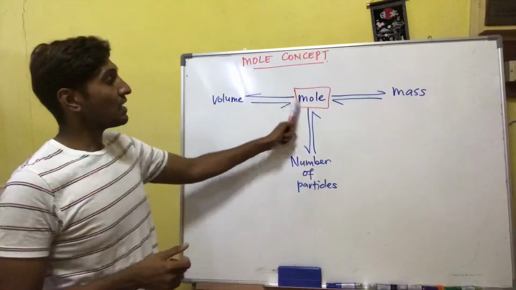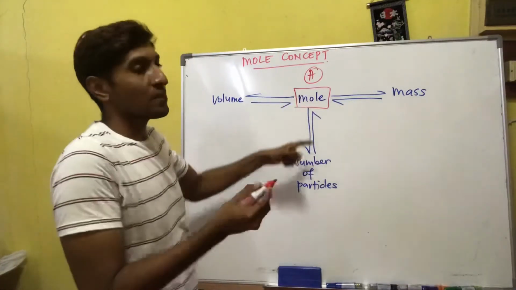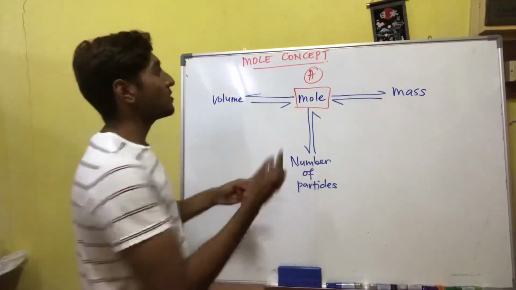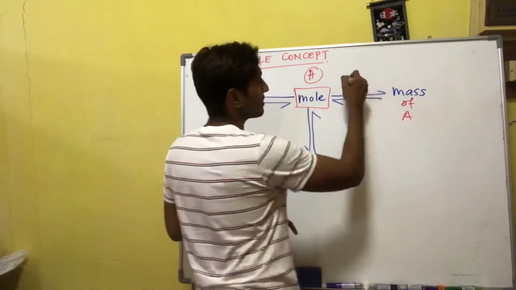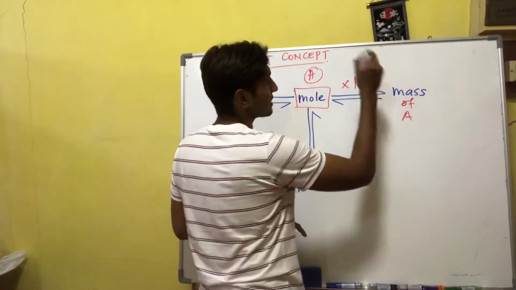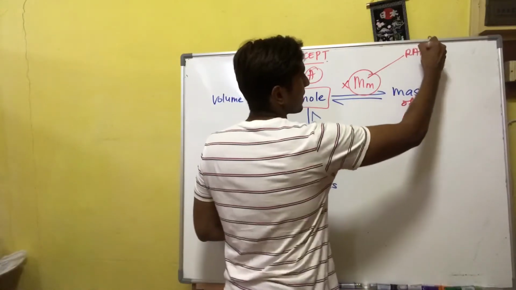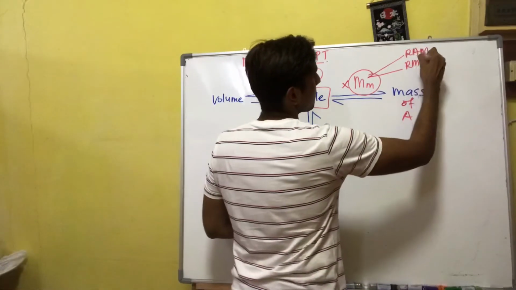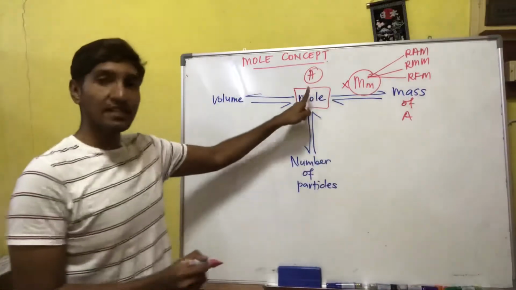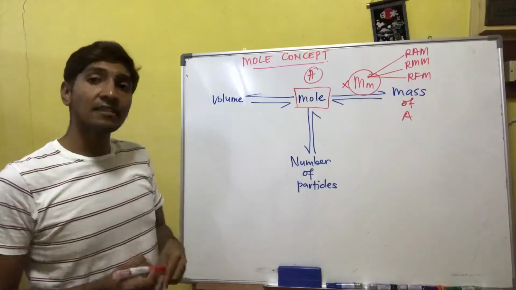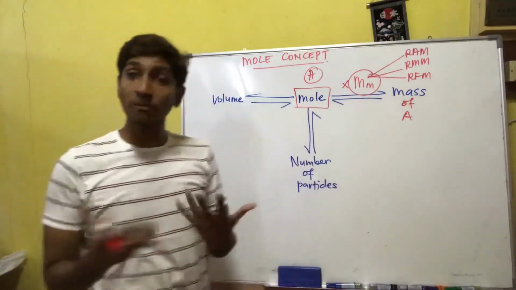So now, if for example I have 1 mole of substance A, and I want to find the mass of A, I would multiply by the molar mass. And like I said, molar mass could be RAM, RMM, or even RFM, depending on what is A. So if A is an atom, the molar mass is equal to the relative atomic mass.